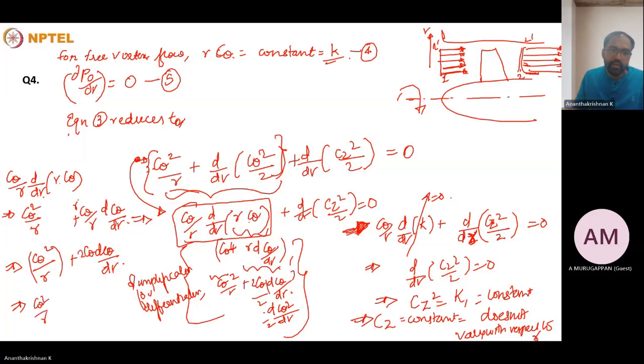The second term, when we multiply by and divide by 2, we get 2 c theta d c theta, which is the differential of c theta squared, because if you expand d c theta squared, that will be 2 c theta into d c theta. So what we get is c theta squared by r plus d c theta squared divided by 2 dr, which is the initial value we had. That means this form present in the bracket reduces to c theta by r into d by dr r c theta.